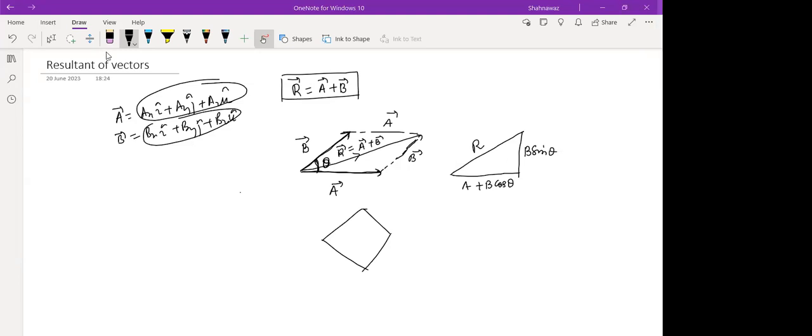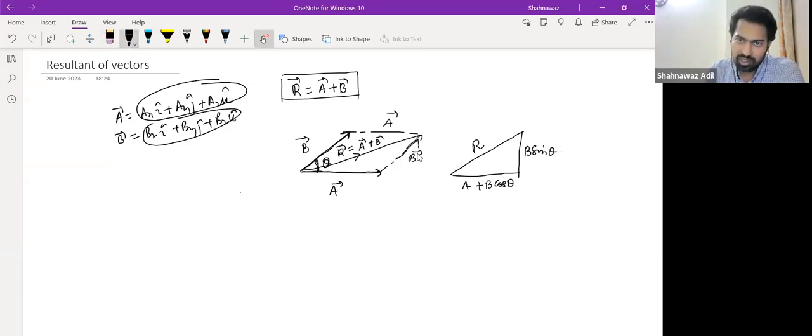And the effective diagram that you will get, Amna ma'am will tell you in the class. This is the effective triangle that you get, and this angle is alpha. The magnitude R can be calculated using the Pythagoras theorem.